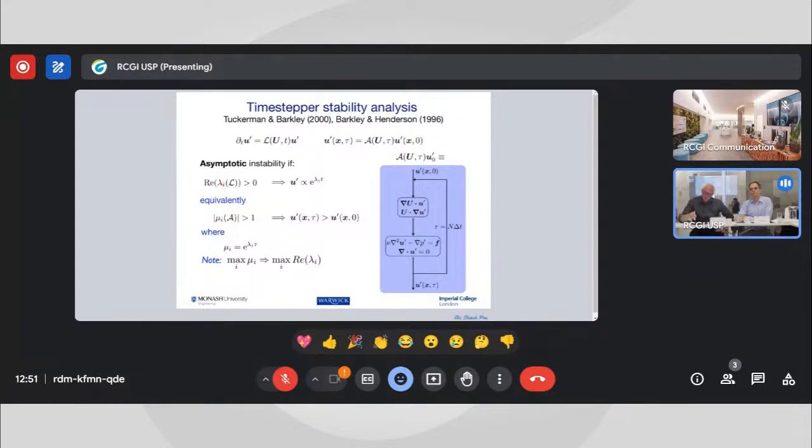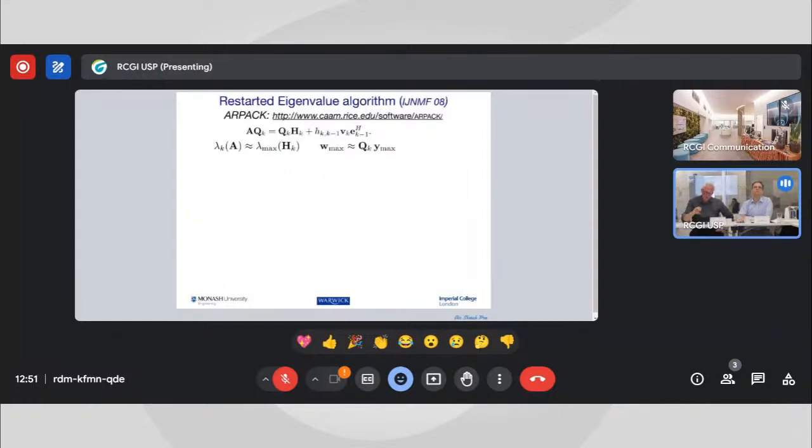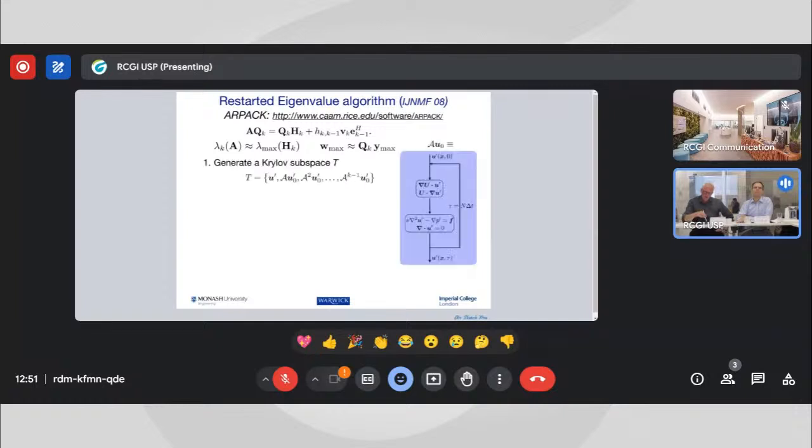So we take this time marching scheme and fit it into a QR type algorithm. You create something called a Krylov space. I get a random initial condition, I time march it, that's what this A operator means, to some time tau. I then take that and time march it again, and I get an A squared, and that builds this Krylov subspace.